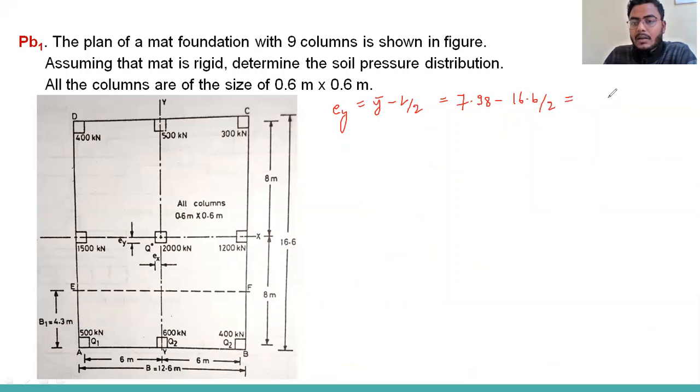So it is coming 0.32 negative. Negative means it will lie below the x-axis. You can see this in the figure also. So now we have the EX and EY.